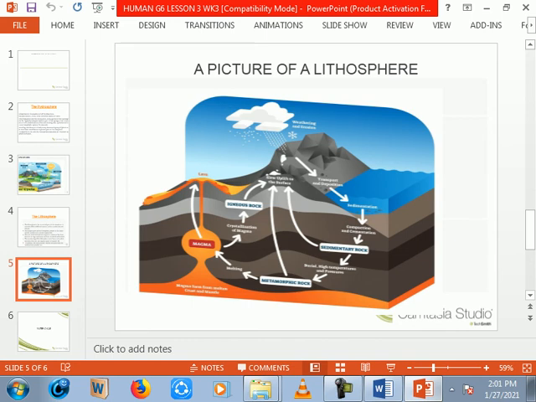So in our next lesson, if we are not back in classes physically, this will also be a separate topic for me to explain the process of the lithosphere. How does it go? So that's it.